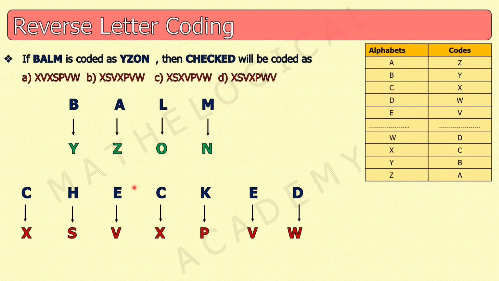Checked. C is the third letter, X third last. We'll first do for the initial 5 letters. So E is 5th letter, V 5th from last. We have one more E here, code will be V. We have one more C here, we have already got the code for C, we'll directly write it as X. And D will be written as W, 4th letter as 4th last letter. With this much only we have already got our answer, because first letter should be X, last W. If we check, it is option number 1, 2 and 3.